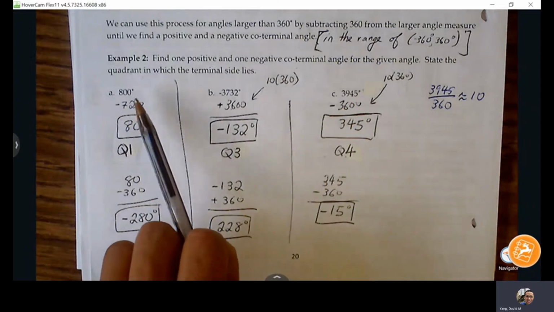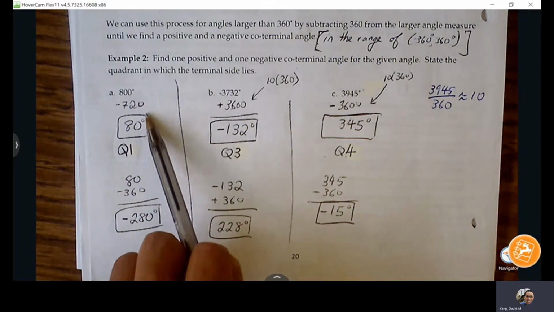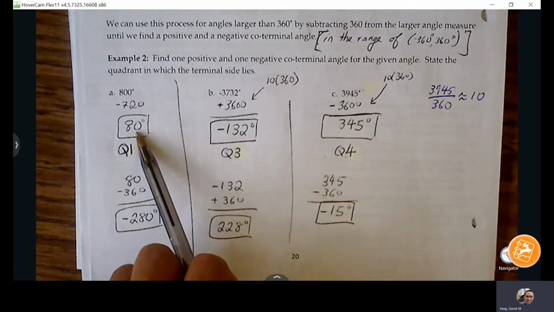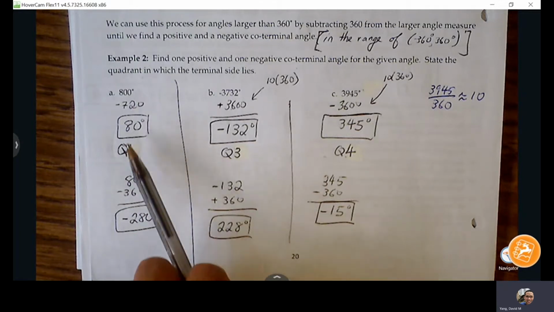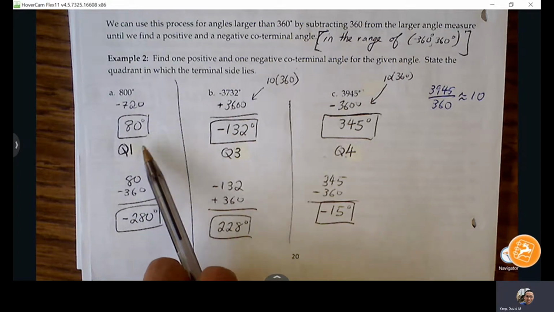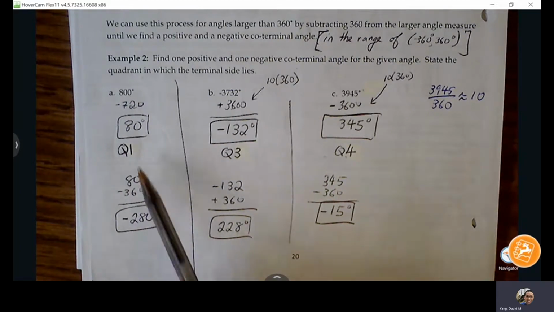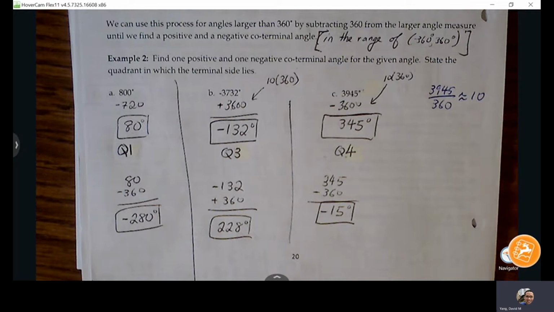So if we have a really large positive angle, we can subtract 360 multiple times until we get to an angle measure that we recognize, and then we can indicate which quadrant we're in. If I subtract 360 from 80 again, I'm left with a negative angle measure, but these are all the same angle in relation to the circle. They're all going to be sitting in the first quadrant. It's just different variations of rotations around the circle.